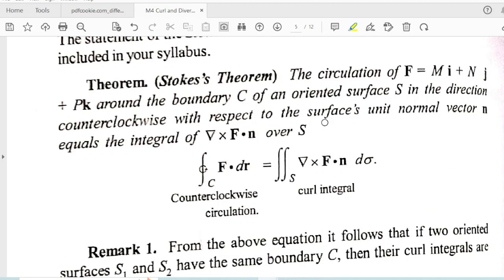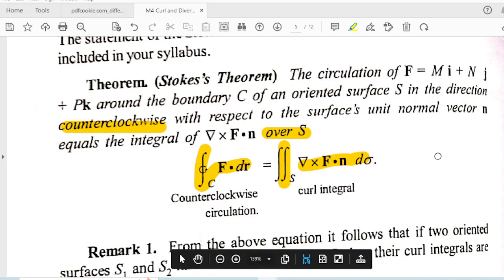The circulation of F bar equal to M i plus N j plus P k around the boundary C of an oriented surface S in the counterclockwise direction with respect to the surface unit normal vector n cap equals the integral of del cross F dot n cap over S. So, very important theorem, Stokes theorem: integral over C of F bar dot dr bar equals the double integral of del cross F bar dot n cap d sigma.